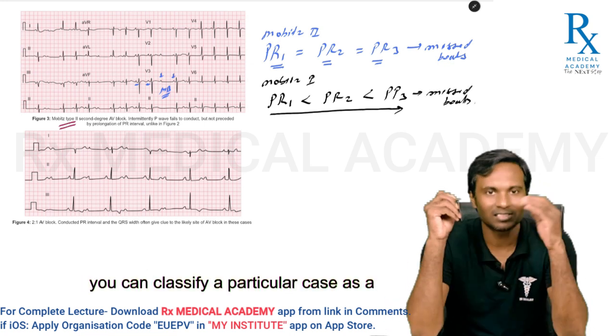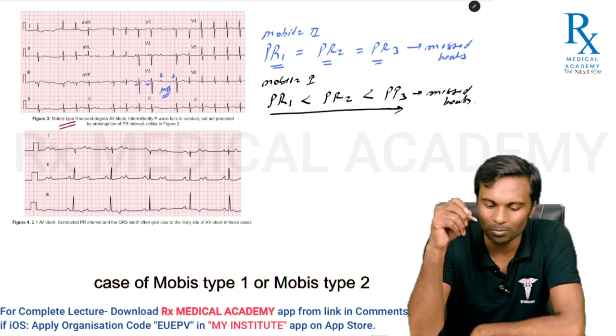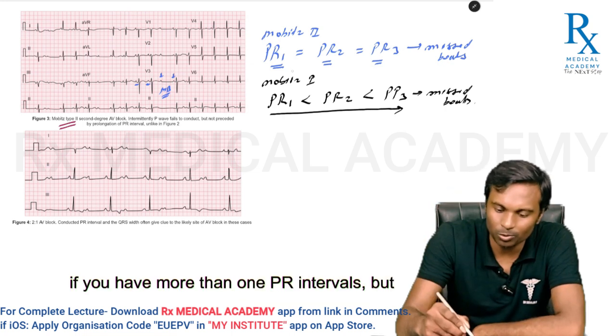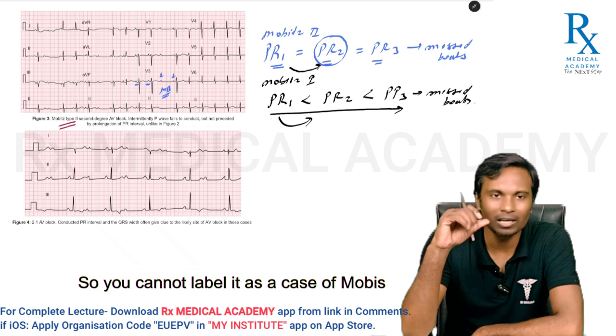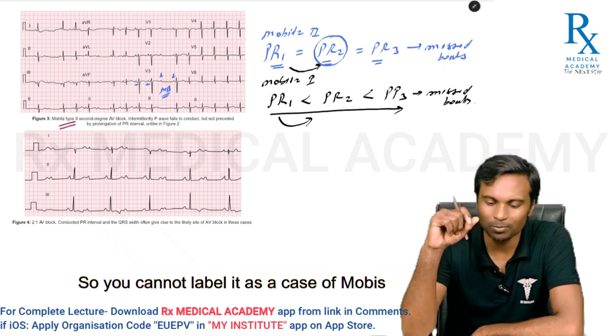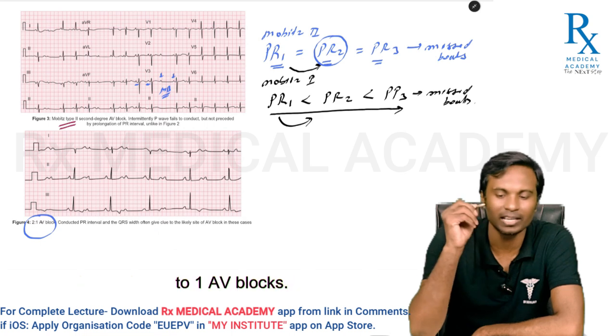Now, you can classify a particular case as Mobitz type 1 or Mobitz type 2 if you have more than one PR interval. But sometimes there can be no second PR interval to compare with. So you cannot label it as a case of Mobitz type 1 or Mobitz type 2. Instead, you can classify that as 2:1 AV block.